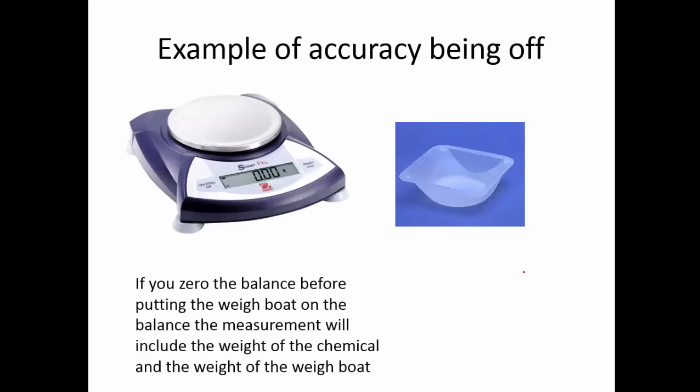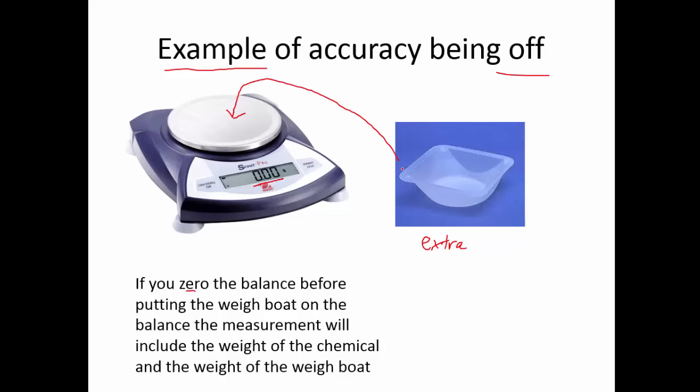One place we could see an example of accuracy being off is with your balance. You weigh it out, and it says 0.0. If your balance gets to 0 before you put the container on top to weigh out your chemicals, then the weigh boat weighs a certain amount, and you're adding that weight in. That's extra, not included.